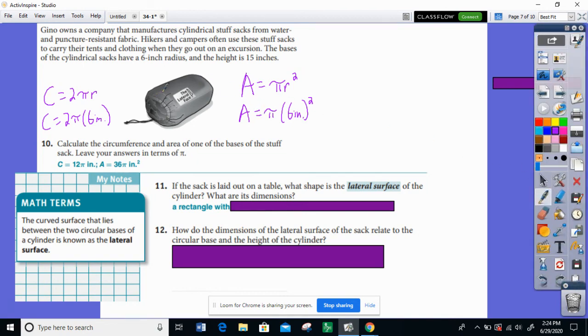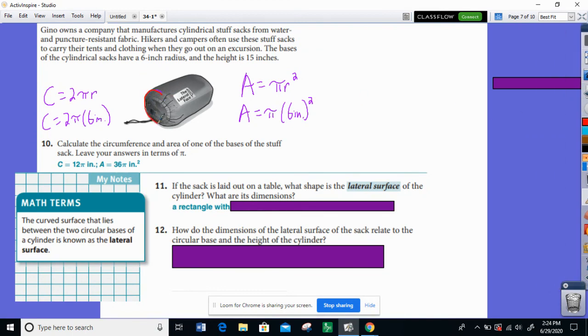Well, this circumference right here, if you imagine unrolling the toilet paper from here to here, this distance one time around the circle would be the length of your rectangle.